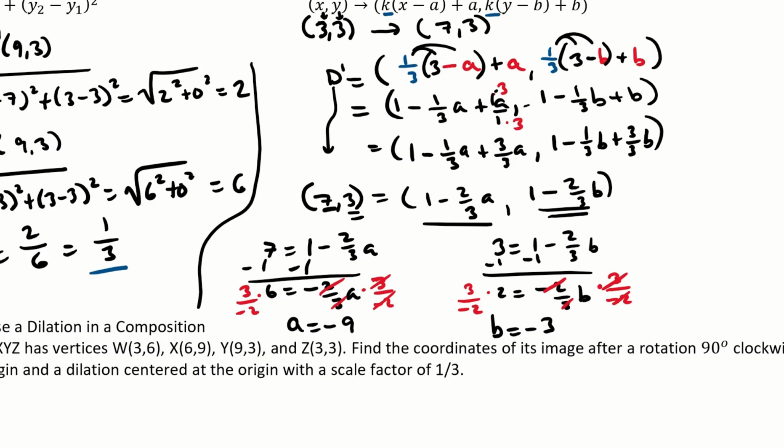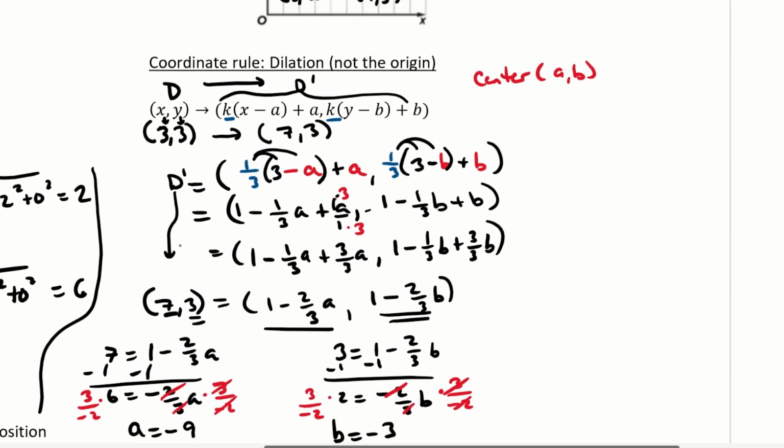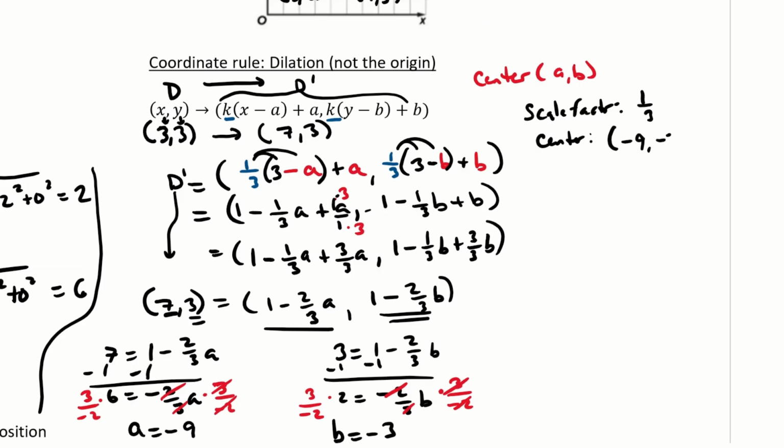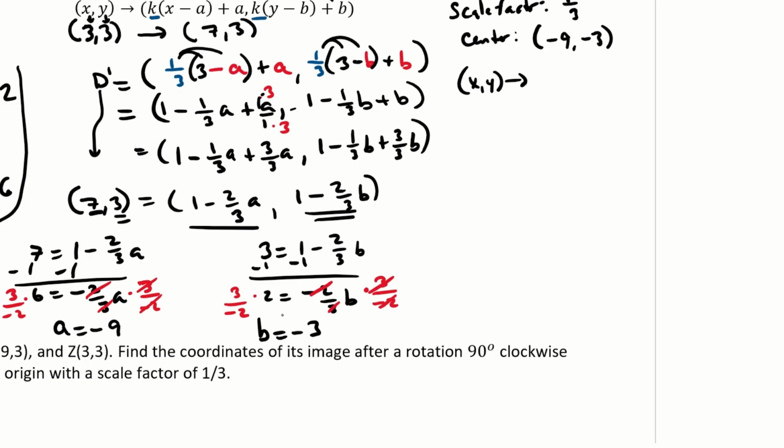So it looks like the center of dilation is negative 9 and negative 3. And our scale factor is 1/3. Our coordinate rule is xy maps onto, how do we find the coordinate rule? Well, we plug it in, we use this formula here.